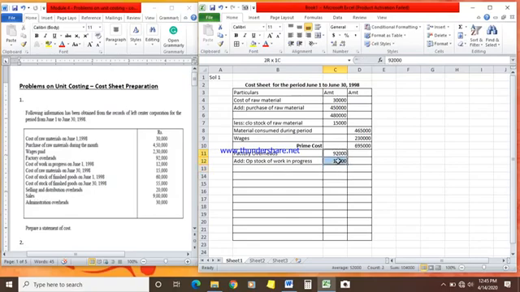We are not given the closing stock of work in progress. So I'll take the total, 1,04,000, less closing stock of work in progress, which is not given. So the final amount is 1,04,000. By adding the prime cost and the factory overheads total, we get what is known as the factory cost.